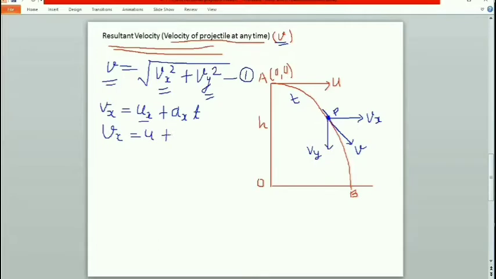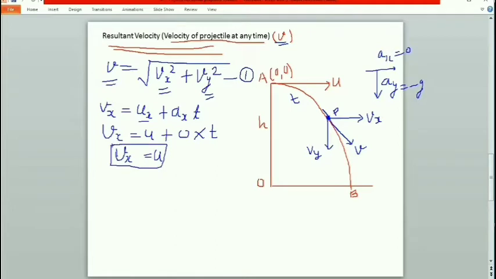Now, what is the value of ax? Acceleration due to gravity always works in the downward direction. Ay में तो काम करता है, लेकिन ax की तरफ acceleration due to gravity काम नहीं करती है, तो इसमें it is 0. So it is 0 multiplied by t at any time. So what is the answer? Vx is equal to the initial velocity u.